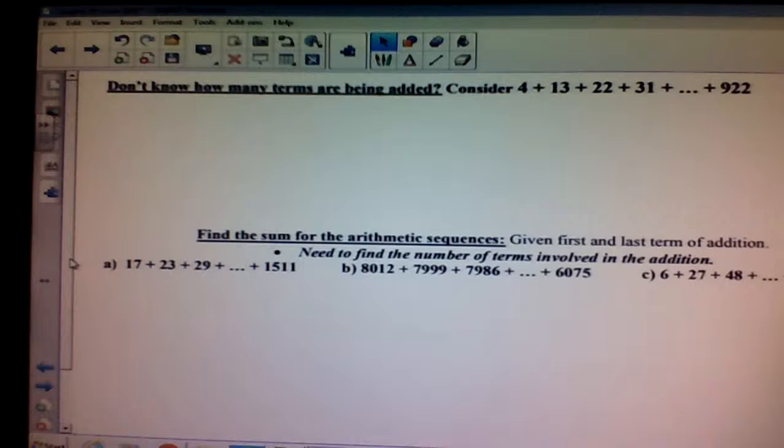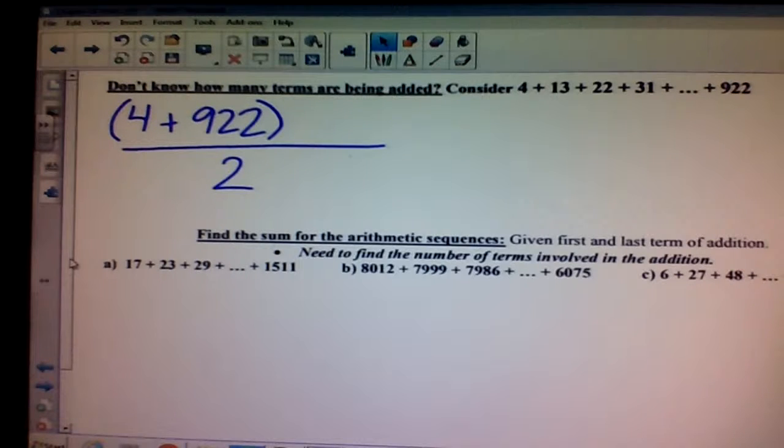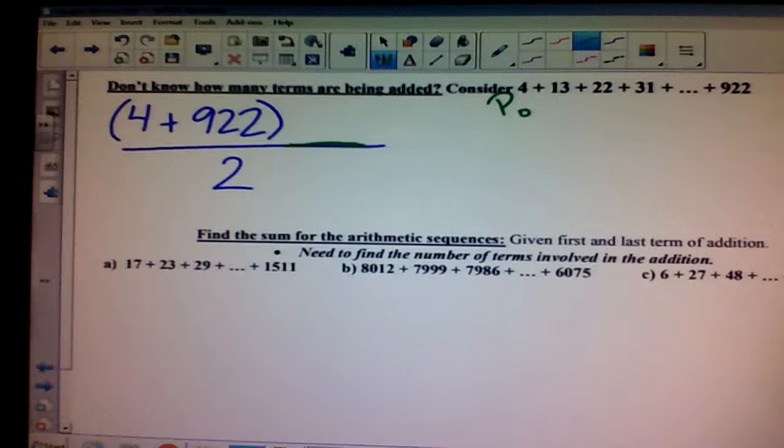Sneaky. What they've given you right now is I start at 4, I end at 922. I've got to divide that by 2, but we don't know this. You can use the same formula. I know that 4 is at p sub 0. What I don't know is where this is.